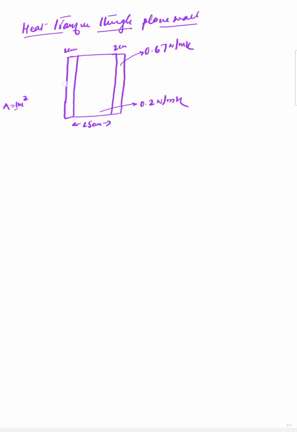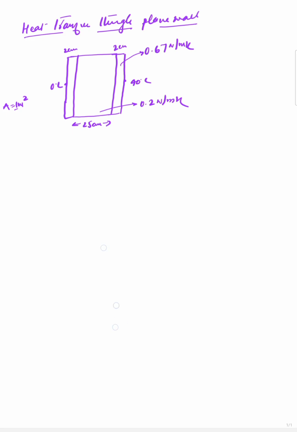So if the inner wall temperature is 0 degree and outer wall temperature is 40 degree, we need to calculate how much amount of heat is going to transfer in this case.